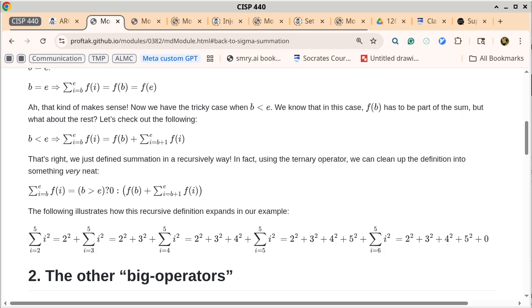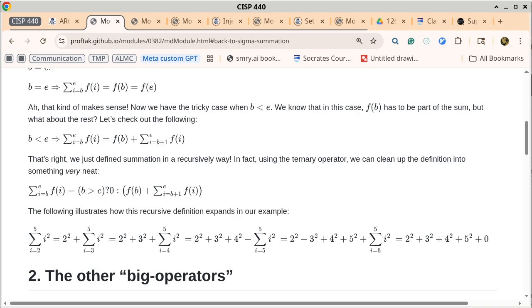F of I is really just how the expression that we need to add is expressed. So I use function f here just as a general function to describe how the value that we need to add for each iteration depends on the index variable I. The index variable I has to start from B, it has to end with E.